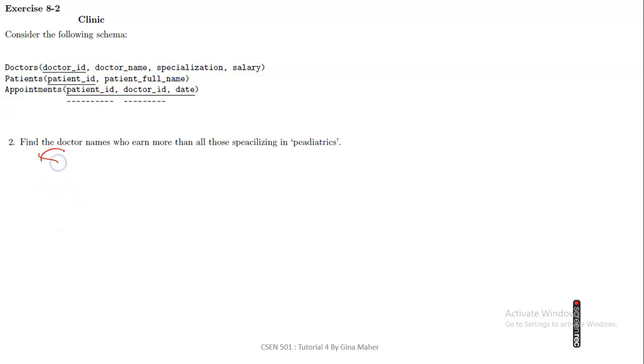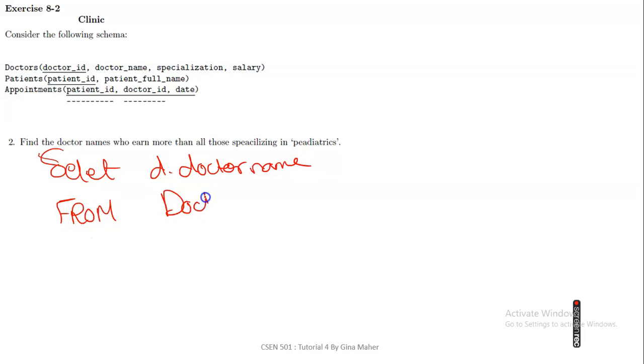So select the doctor name from doctors D. Okay, we want to check that the salary of this doctor is greater than all the doctors in a specific specialization. So now what we want to do is to get the salary of the doctors with a specific specialization.